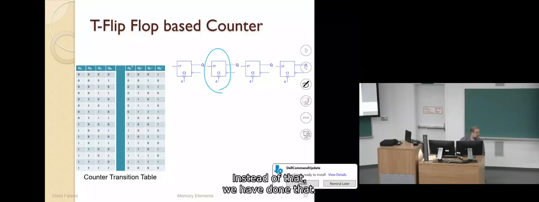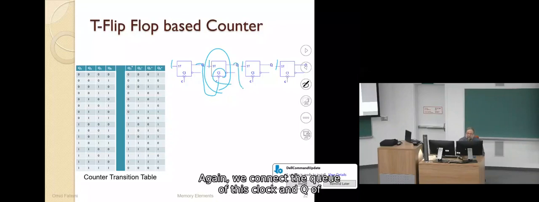So instead, we connect Q to the clock. If we connect Q to the clock, then when Q becomes 1, it has a clock, and we have 1 at the input of all of the T flip-flops. So it works. We connect the Q of this to this clock, and the Q of that to this clock.